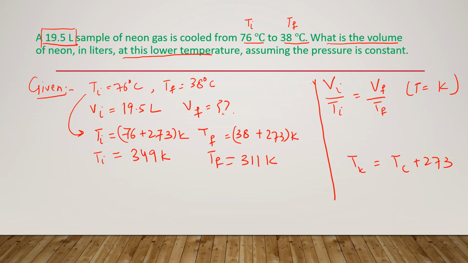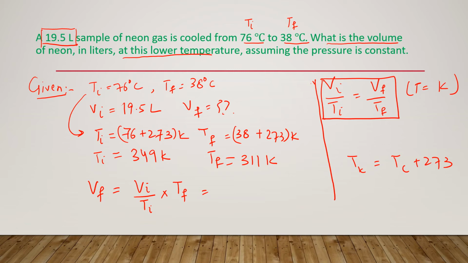Before we plug in, let's reshuffle the equation so that V final is on one side and everything else is on the other side. So V final equals V initial times T final divided by T initial.